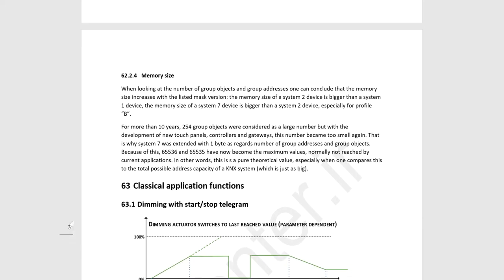And about the memory size, I mentioned to you that in B4 you were only able to define 12 group addresses, but now there are more than 60,000 group addresses you can make.